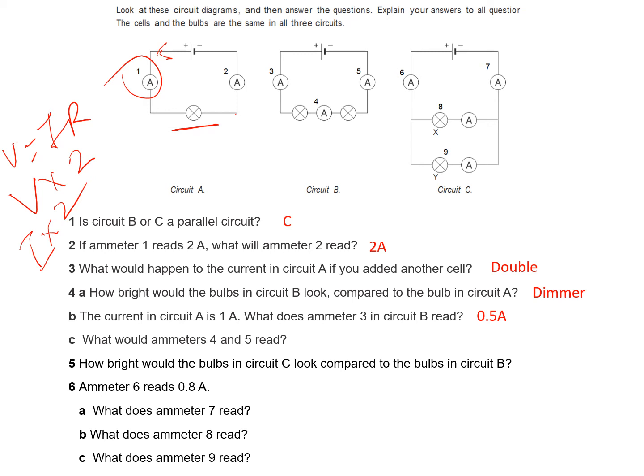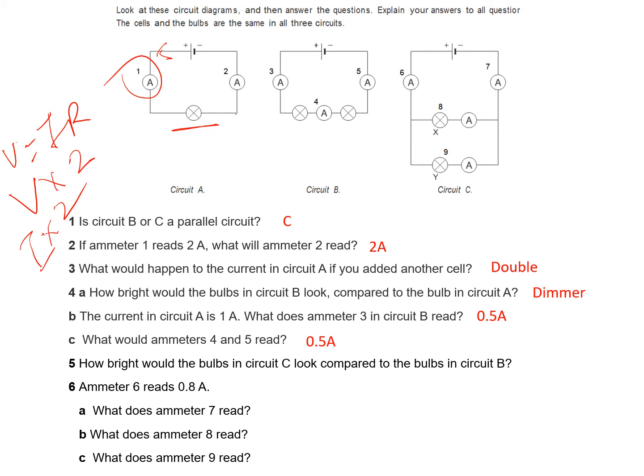What would ammeters 4 and 5 read? Again, the whole of circuit B is a series circuit. So whatever ammeter 3 reads, the same should be read by 4 and 5. Then, how bright would the bulbs in circuit C look compared to the bulbs in circuit B?